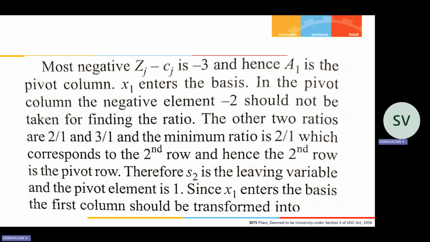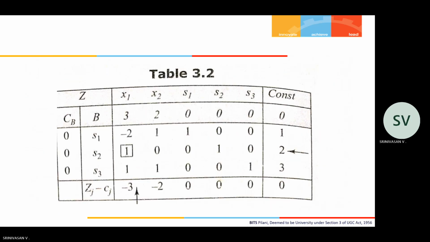Therefore, here we find that this is the minimum ratio row, S2. So S2 will go off and x1 will come to its position. We are very sure because the pivot column element has to enter as a basic variable.